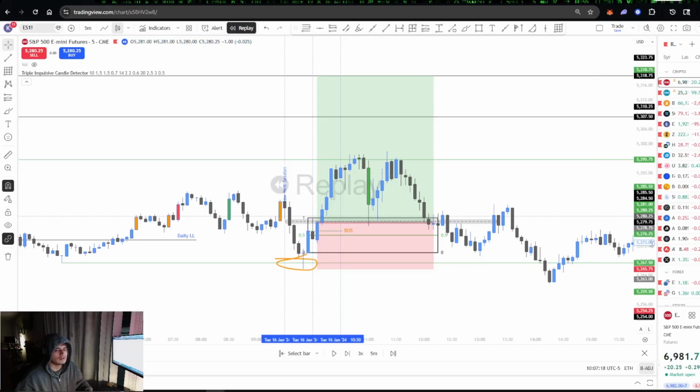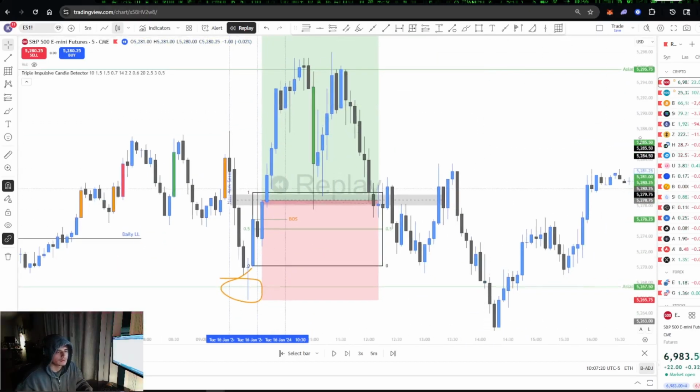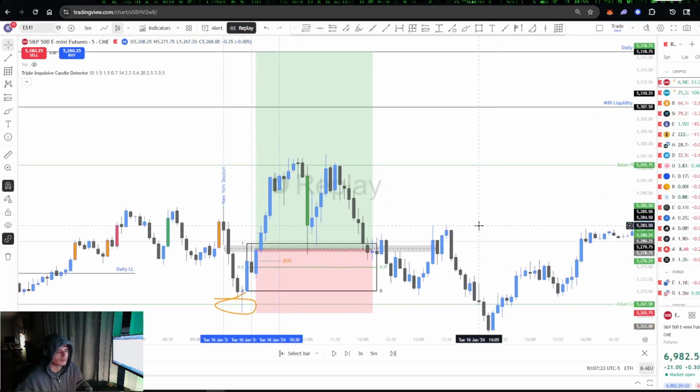Now zoom it in, zoom it in a little bit more for him, so you can see my break of structure and all that stuff.